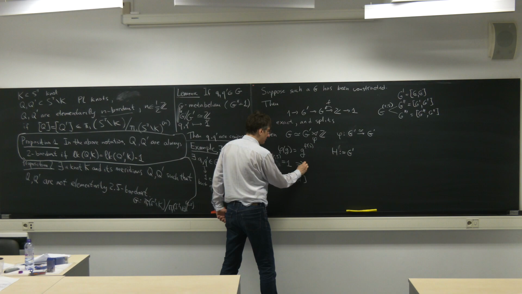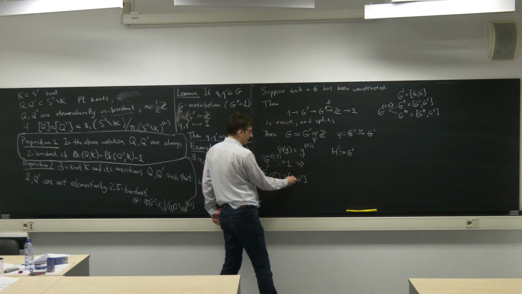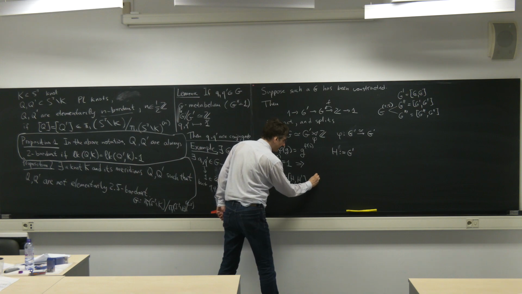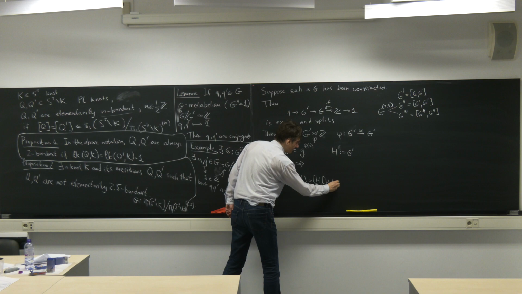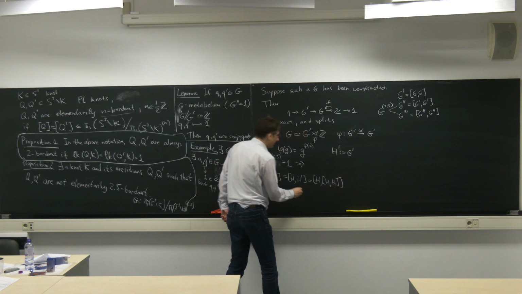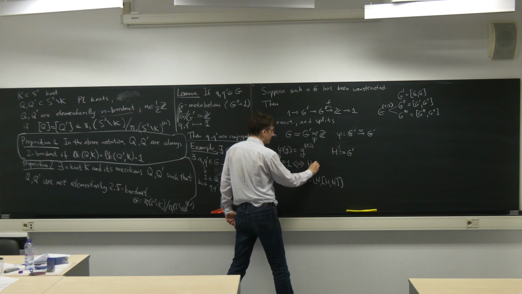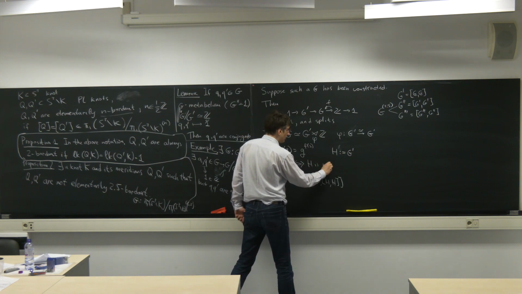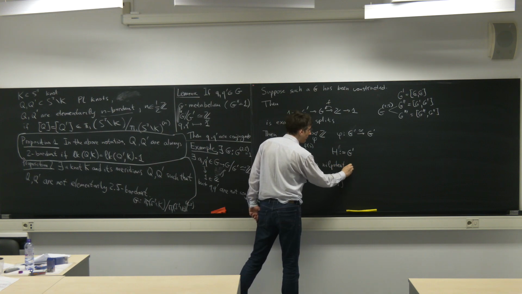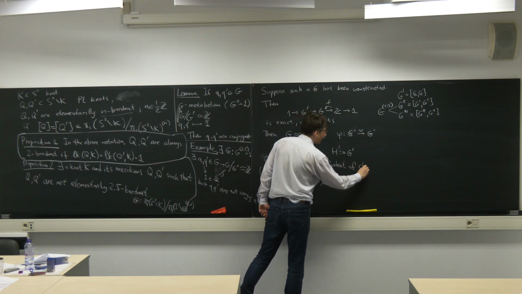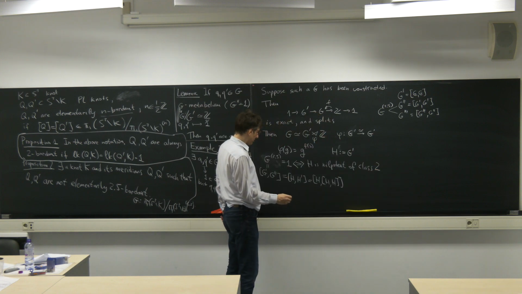So to say that this equals 1 means that, or you can also write it like this: H and then the commutator subgroup of H and H. So this is equivalent to saying that H is nilpotent of class 2.